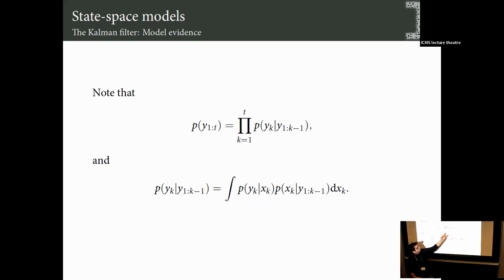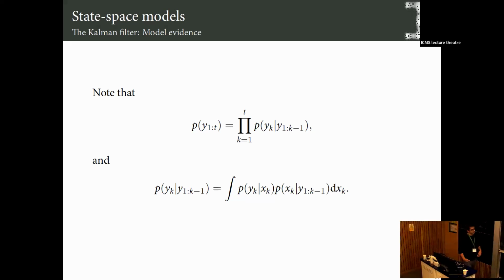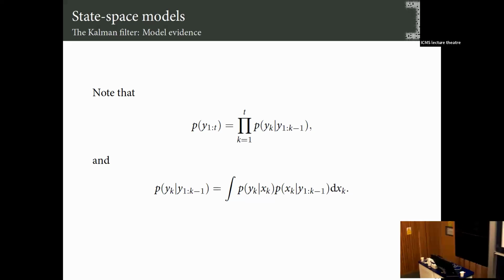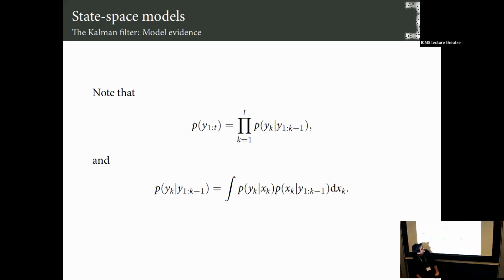All you need to do is compute this incremental marginal likelihood, or predictive distribution of y. Again, the language people use varies a lot, but you can recognize it as the prediction of the observation given the past observations, right? And how can you compute this quantity? This quantity is just an integral.